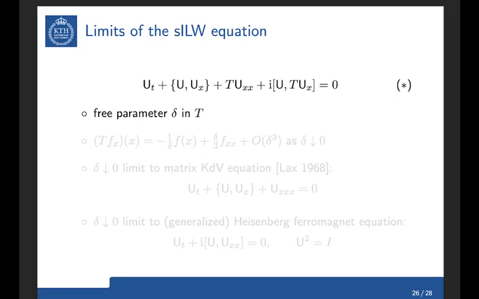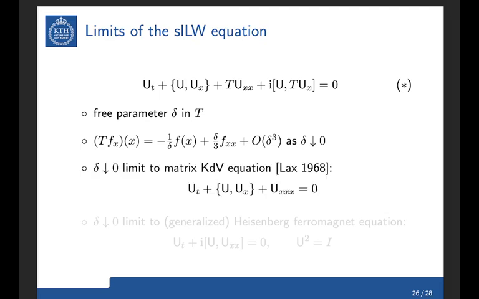If we look instead at the SILW equation, which made a brief appearance as one way to generalize the spin Benjamin-Ono equation, this involves this T operator which has a free parameter delta. And by looking at the behavior of T acting on a derivative as delta goes to 0, we can compute different limits of this SILW equation. So by different rescalings of the dependent variable, we can get different delta to 0 limits.